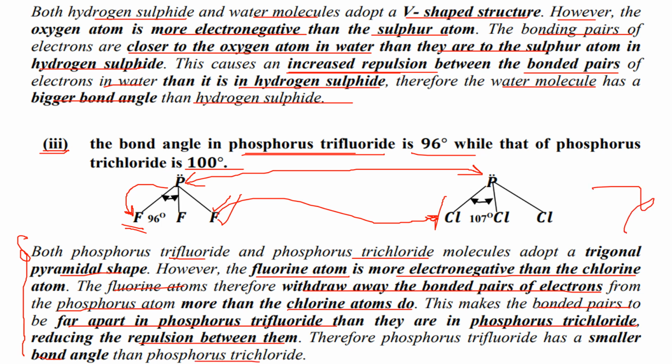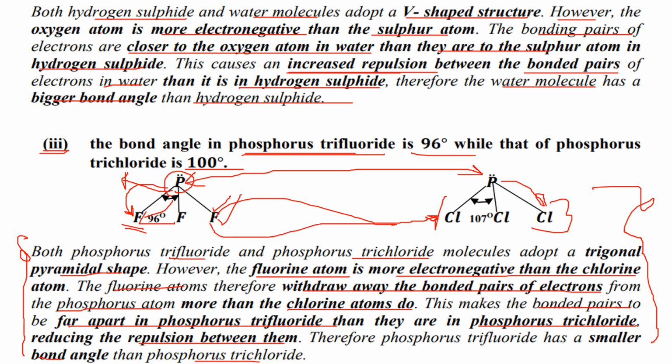I hope you're understanding these statements. The more the bonded atoms are pulling away electrons, the more they reduce the electron density around the central atom. And once the electron density is reduced around the central atom, repulsion reduces. Once repulsion reduces, it causes a smaller bond angle as compared to the chlorine compound here. Chlorine also pulls out bonding electrons, but it does not do it as fluorine does.